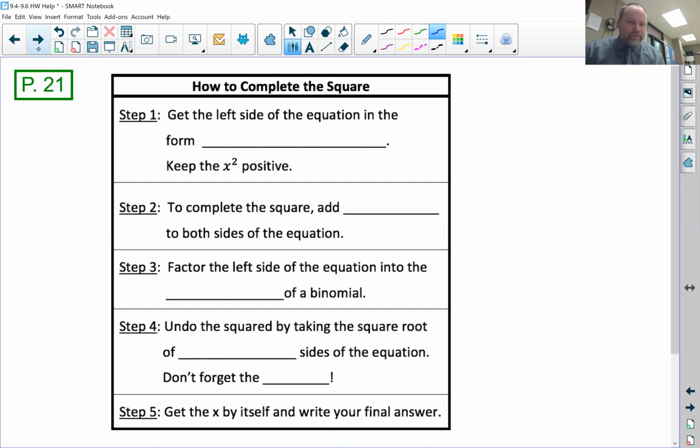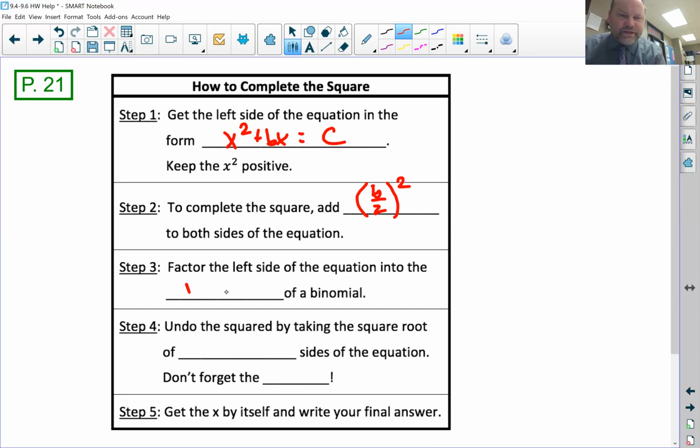So completing the square, we want to get this in the form x squared plus bx equals some value c. X squared is going to be positive. Add b divided by 2 squared to both sides, factor the left side.